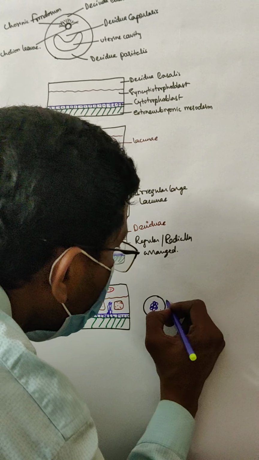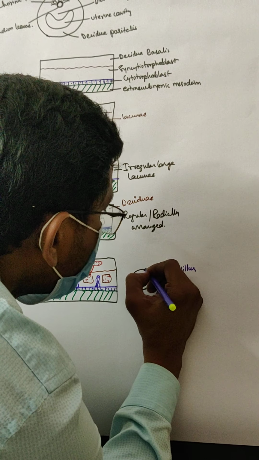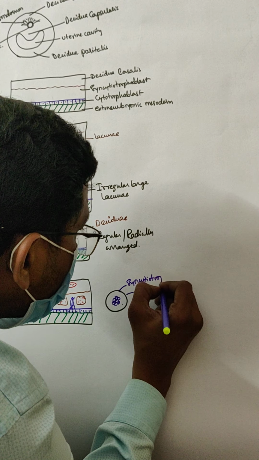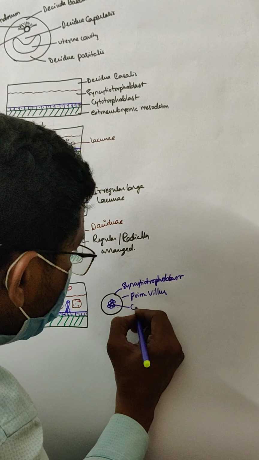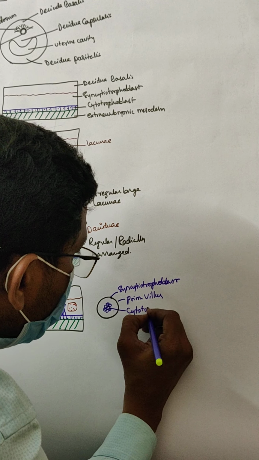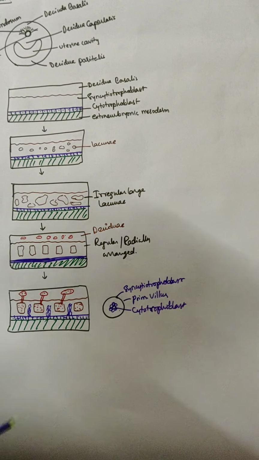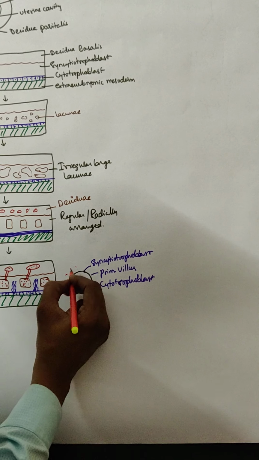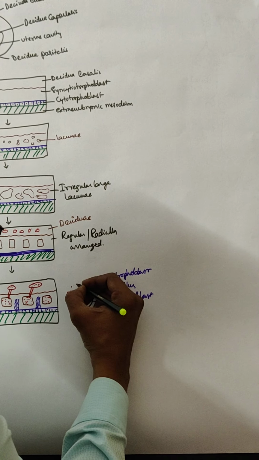So this is now called the primary villus with the syncytial trophoblast and the cytotrophoblast, and of course this whole structure is surrounded by the maternal blood. So I can write it as the maternal blood.